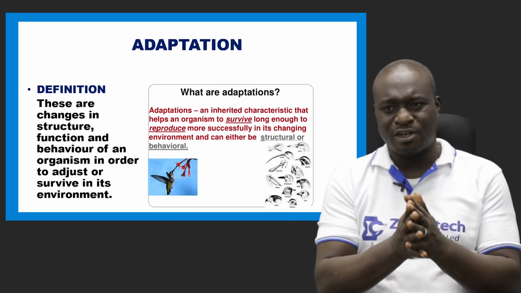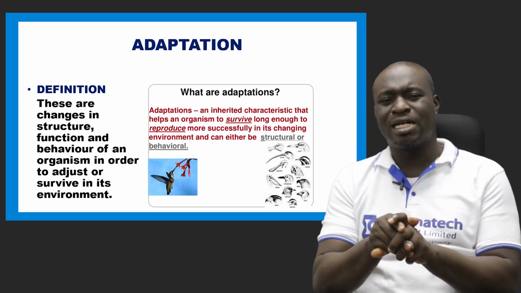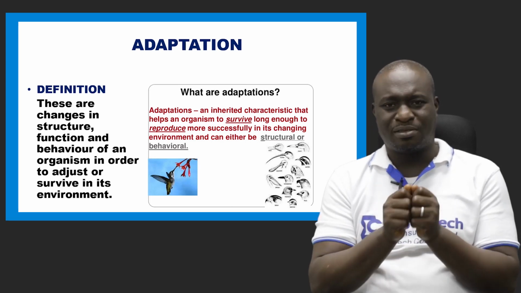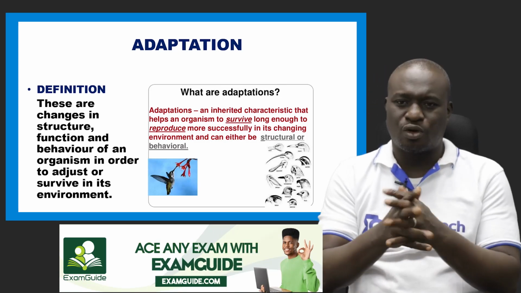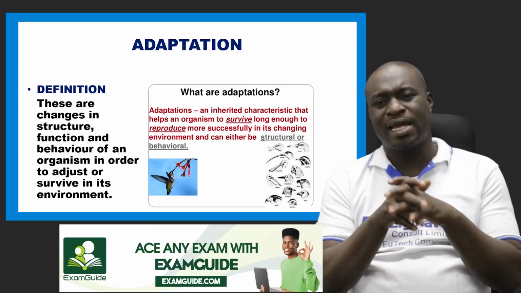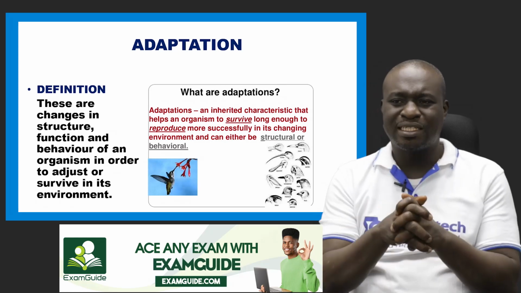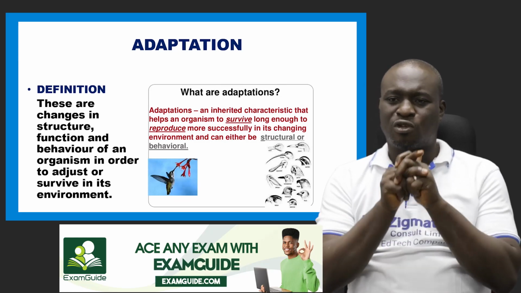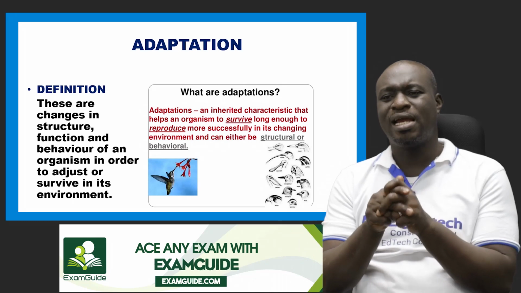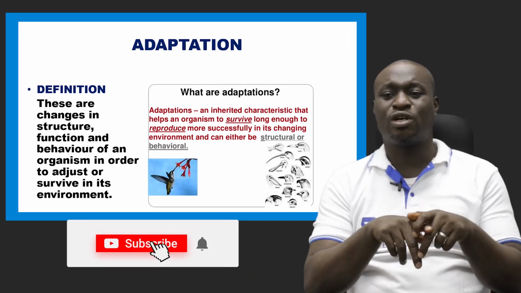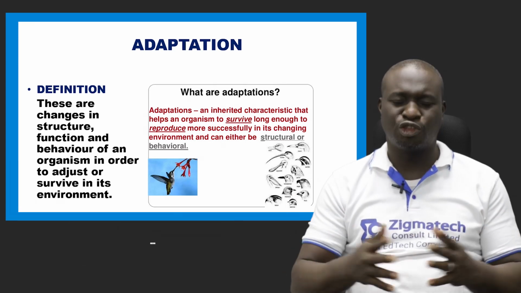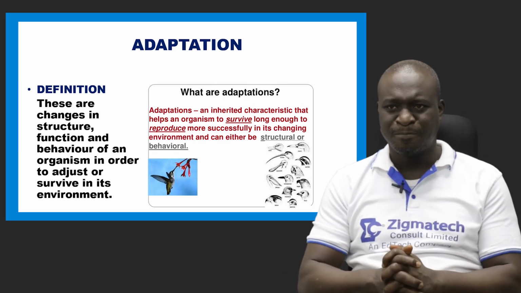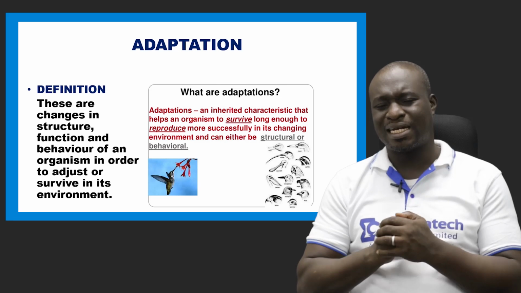From the definition, you can agree with me that the main purpose of adaptation is for living organisms to adjust or survive in their environment, to survive long enough in their environment in order to reproduce successfully and ensure their continuity of life. So that is all about adaptation.